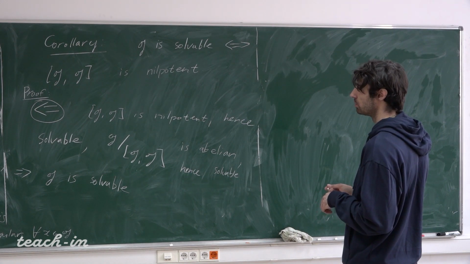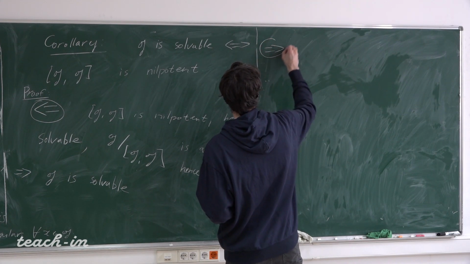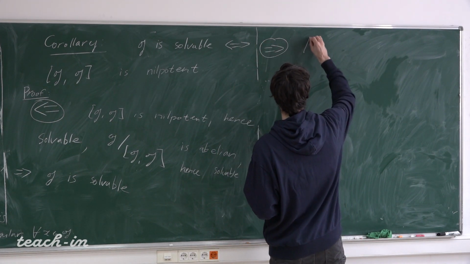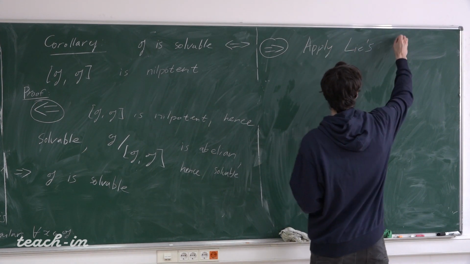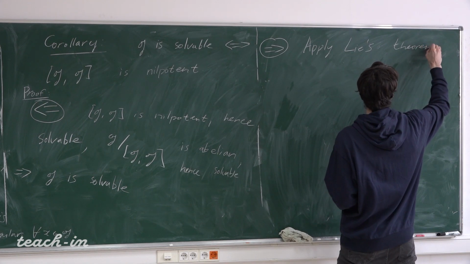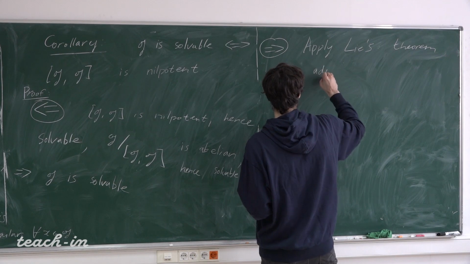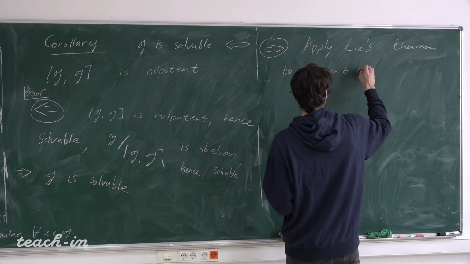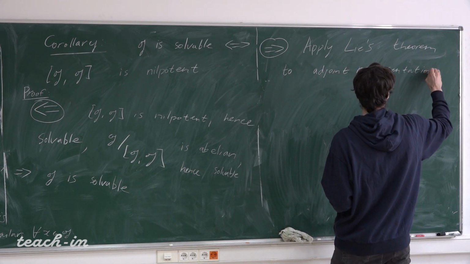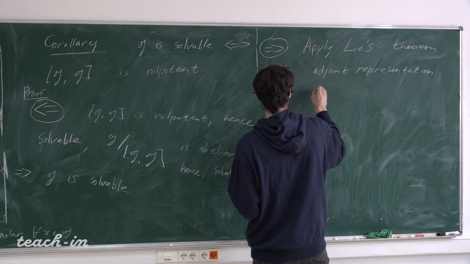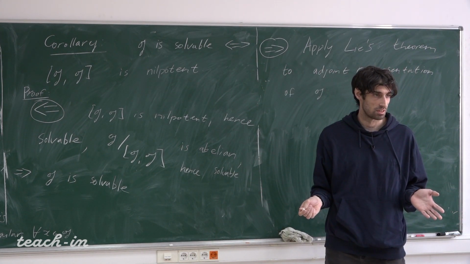We would like to apply Lie's theorem to the adjoint representation of G. Okay, does everybody remember what the adjoint representation is?